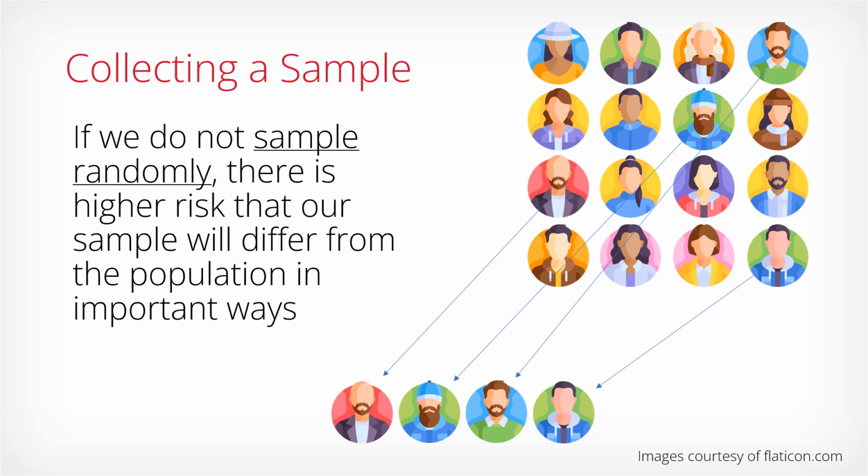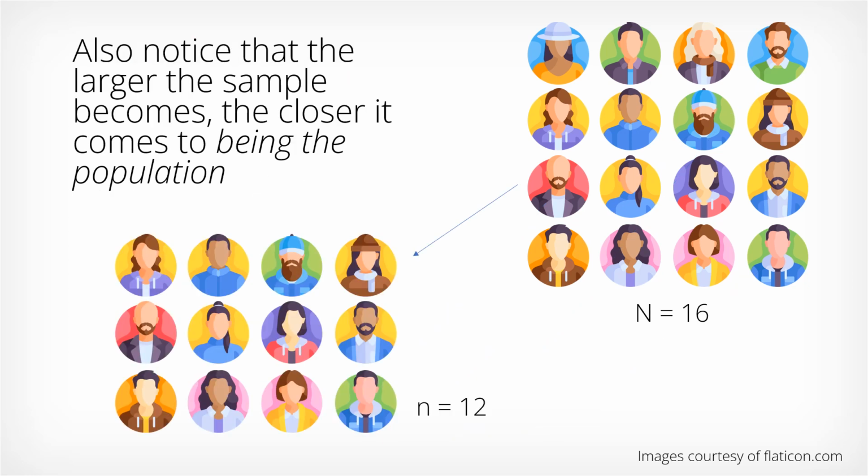And that's a problem because psychologists usually want their findings to generalize to large groups of people or all people. Hopefully, it's also intuitive that as the sample size increases, as the sample size becomes closer to being the population size, the sample comes closer to being the population.